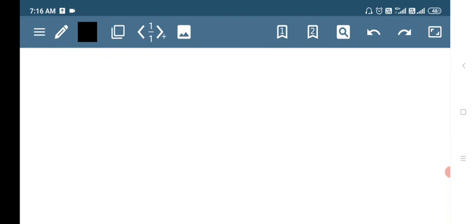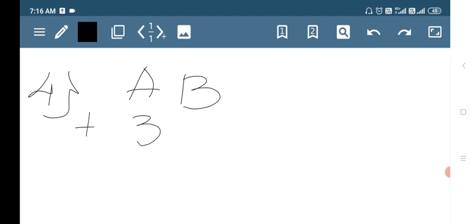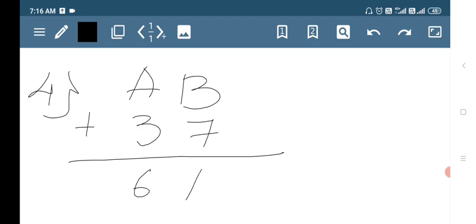So, now the fourth question. AB plus 37 gives you 6A.